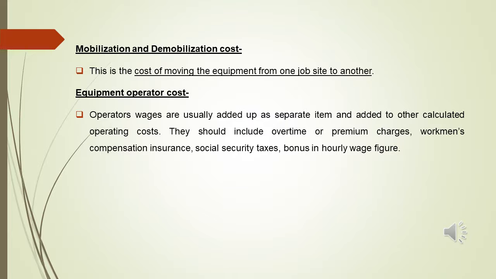So apart from the operator wages, they should also include overtime, and since certain workers may fall sick or an accident can happen, the compensation insurance for workers, social security taxes, and bonus according to the hourly wage system. All that money is involved in equipment operator cost.